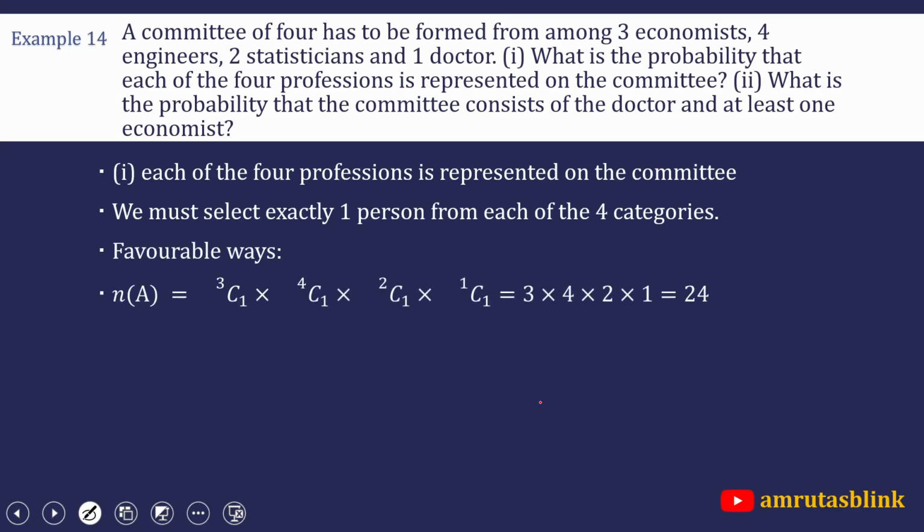So favorable ways is for 3, any one economist from 3 is 3C1, then 4 engineers, so 4C1, 2 statisticians, that's why 2C1, and 1 doctor is 1C1, that is 3 into 4 into 2 into 1, which is equal to 24. So probability is equal to probability of this event n of A upon n of S, which is 24 by 210, and after simplification you will get the answer as 4 upon 35.